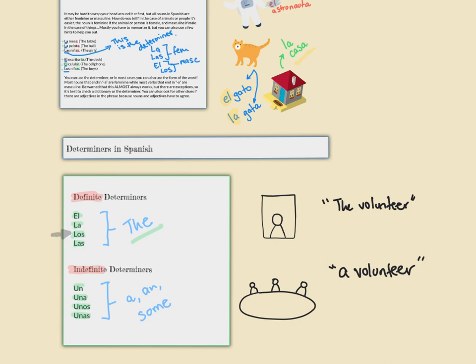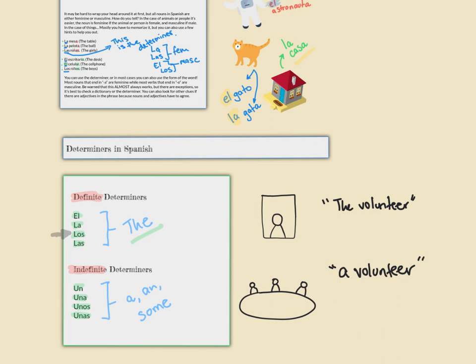So what are some clues? We said we can use the determiners in the sentence, and we said that we can use the ending of the word if it ends in A or O, but we also said that that's not always the most foolproof way of doing it. Another clue that you can use is other words in the sentence. For example, if there's an adjective, the thing with Spanish nouns and adjectives is that adjectives have to agree, or match the noun in gender and number.